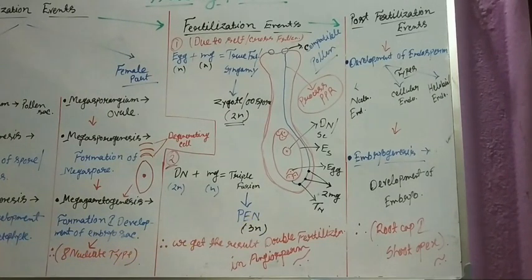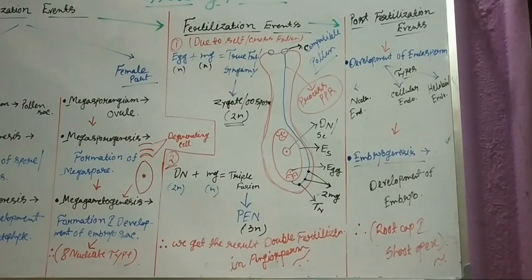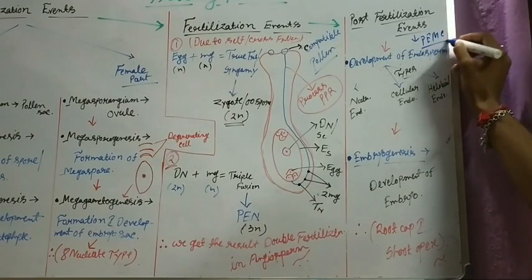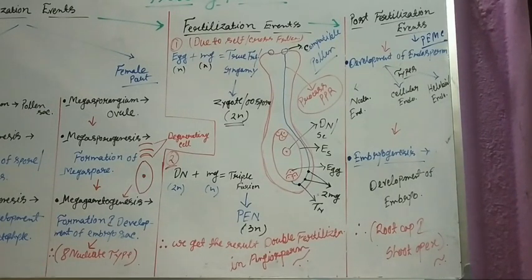Its nature is triploid. As a result of triple fusion, a triploid structure called the primary endosperm mother cell, in short PEMC, is formed, which finally produces a mass of nutritive cells called endosperm through mitotic division.